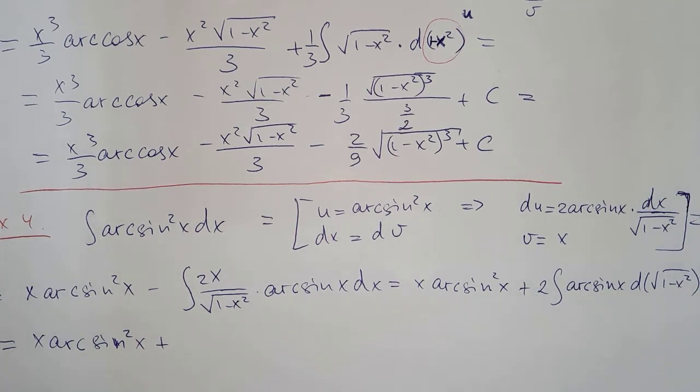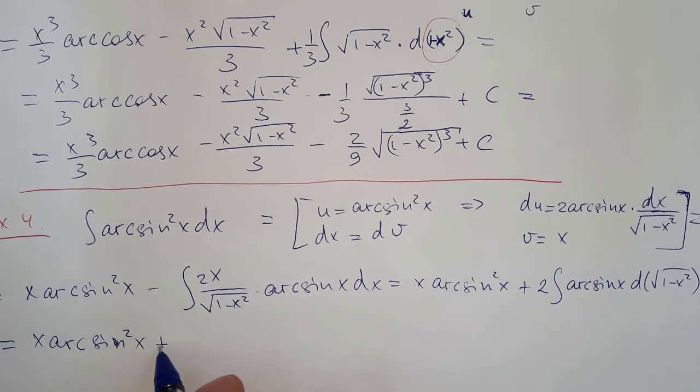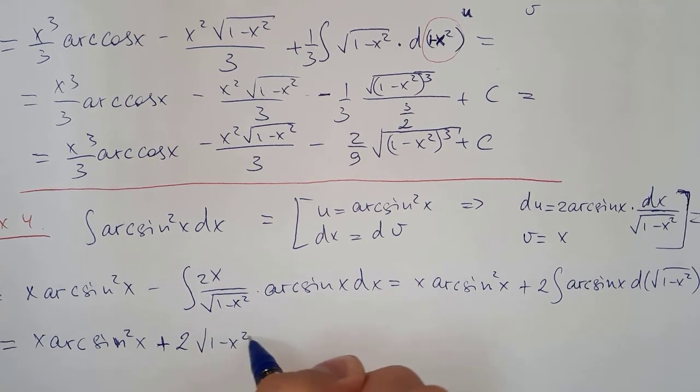Here it will be plus 2 uv, so arc sine x times square root of 1 minus x squared.